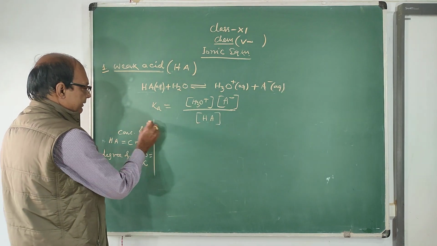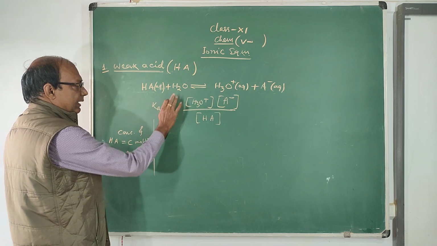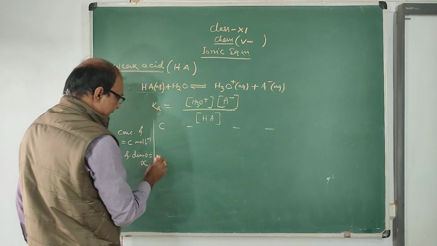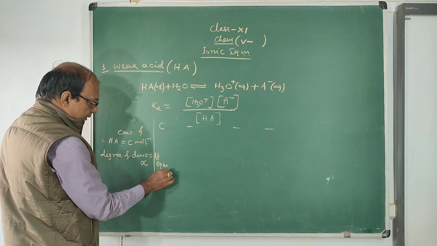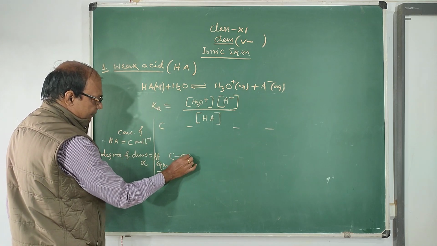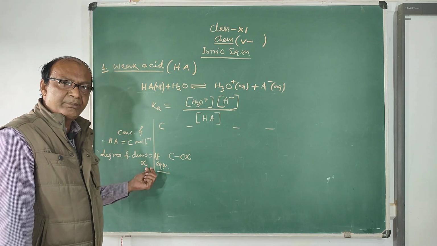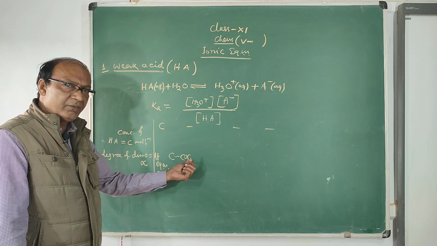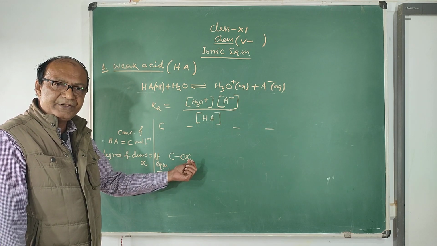So initial concentration of HA is C, and here there is nothing. At equilibrium, the concentration of the acid will be C minus C alpha, because alpha is the degree of dissociation per molarity. You have C molarity, so C into alpha will be dissociated till the equilibrium is attained.